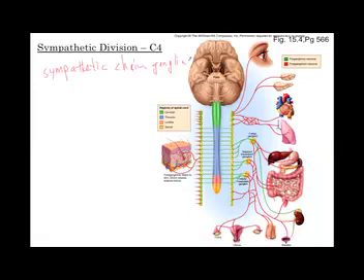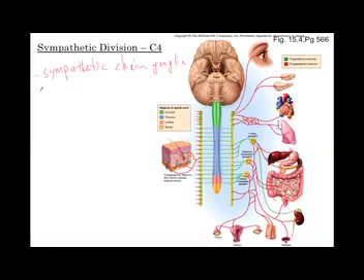There's one on either side of the spinal cord, one lateral to each side, and they form this little chain.